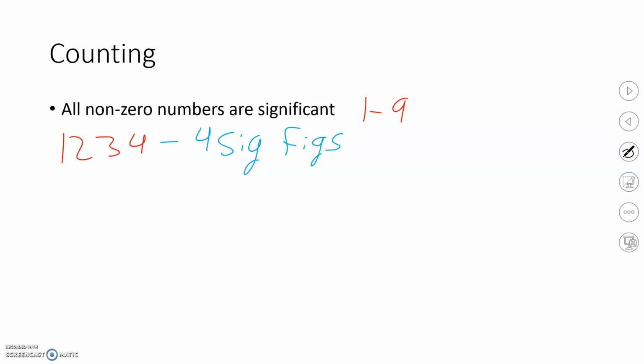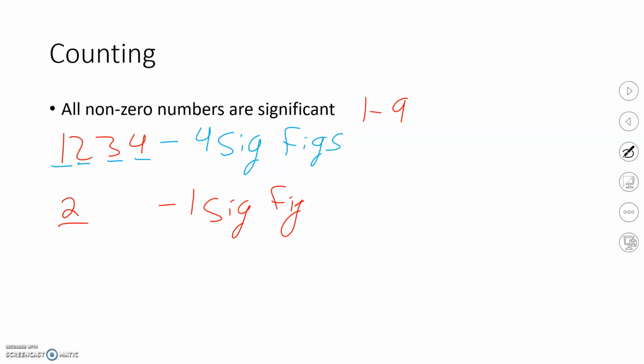Again, what we're doing is we're counting the number of significant numbers in this. So our 1 is considered to be significant, the 2, the 3, and the 4. So we have a total of 4 significant figures. If we look at a number like, let's say, 2, just the number 2 only has 1 sig fig, and that's the 2 itself. Only that 1 is significant.